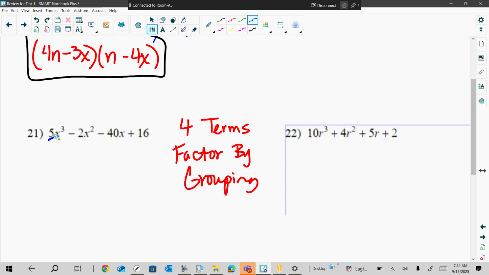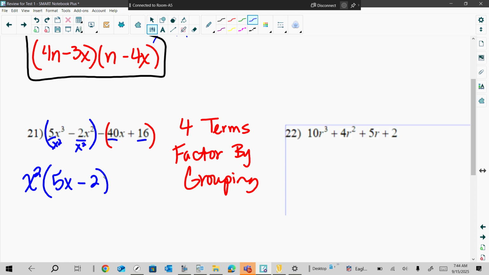So I got a 5, a 2, a 40, a 16. There's no GCF between them. So now I'm going to group the first 2 and group the last 2. Then GCF per group. For the first group, the GCF is the x squared. The x squared comes outside the parentheses, leaving us with 5x minus 2.